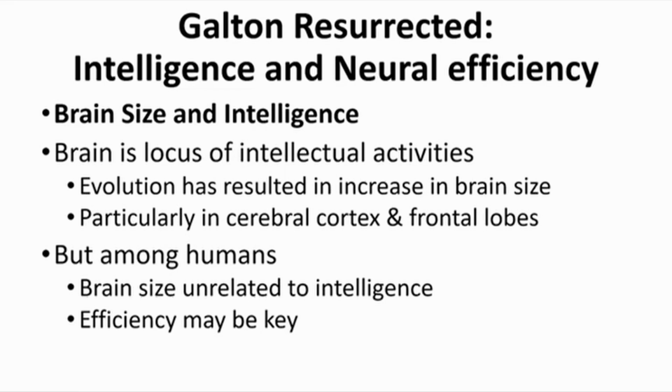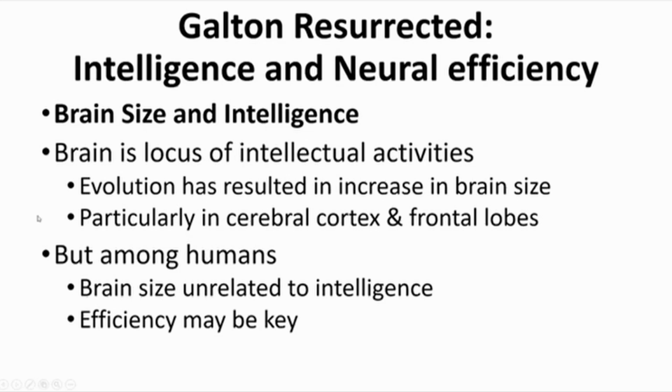And specifically, if we look at brain size and intelligence, we know that our brain is the central location that seems to run all of our activities related to intelligence. And over evolutionary time, we have evolved larger and larger brains as our behaviors became more and more complicated.